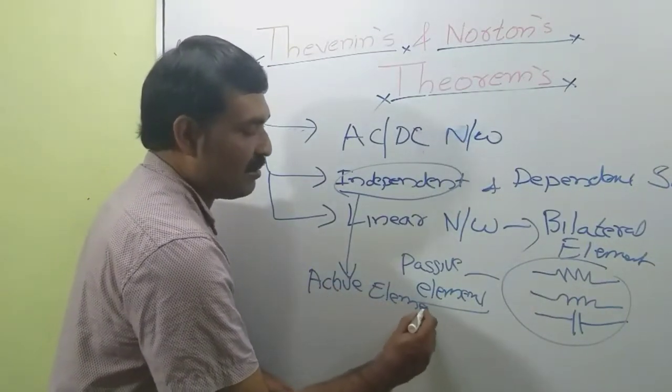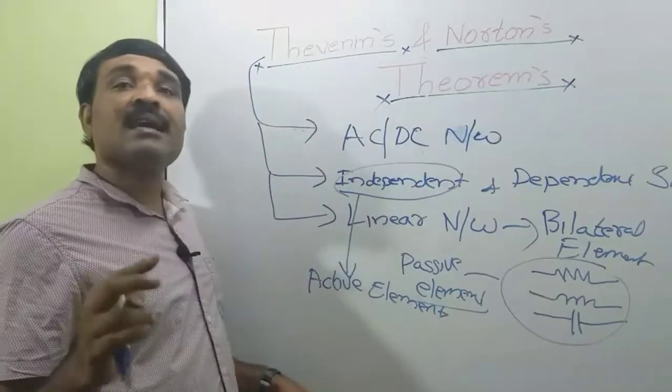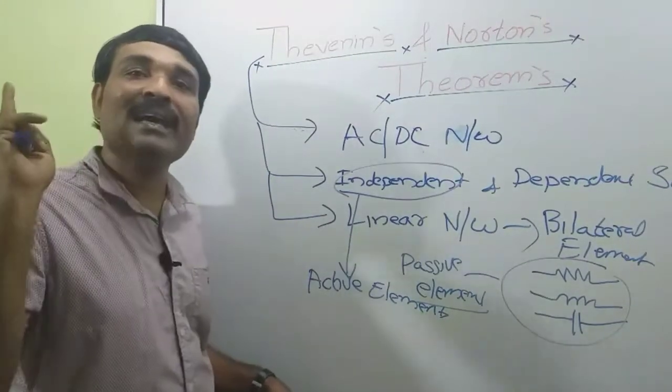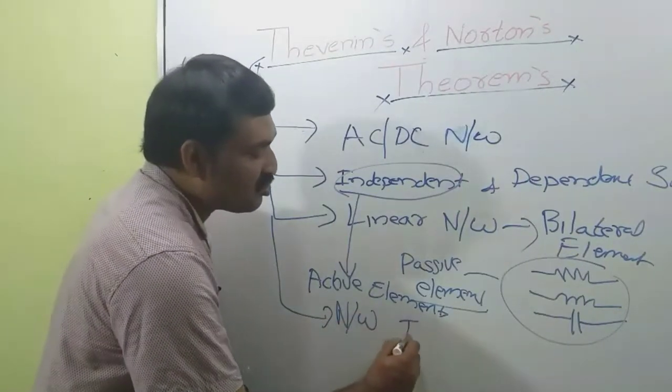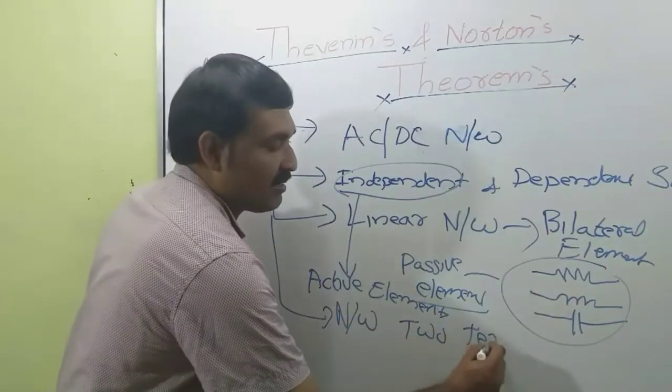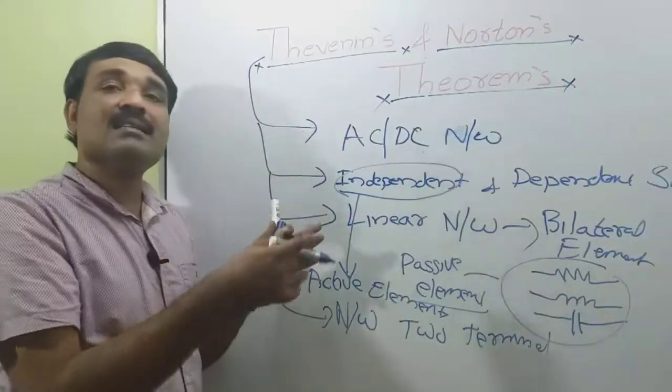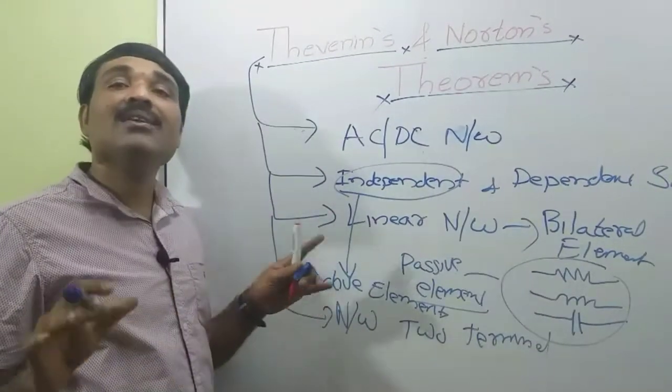And the circuit should be a two-terminal network. Okay, so all these are the conditions for applying Thevenin's and Norton's theorem.